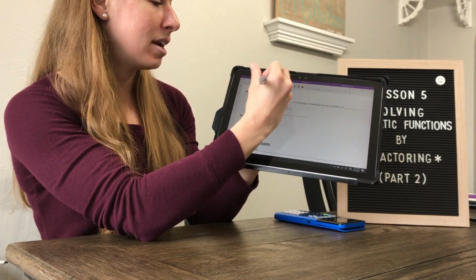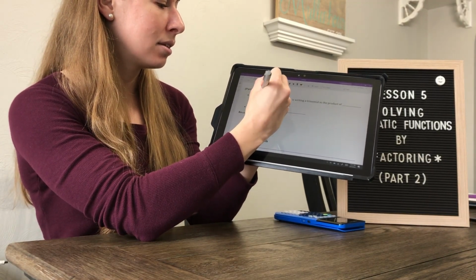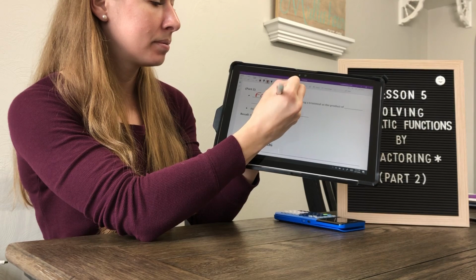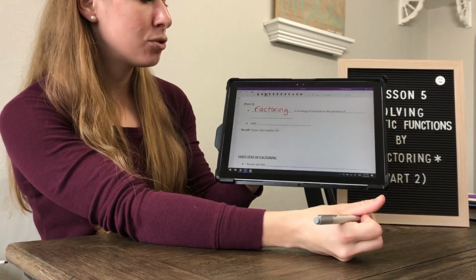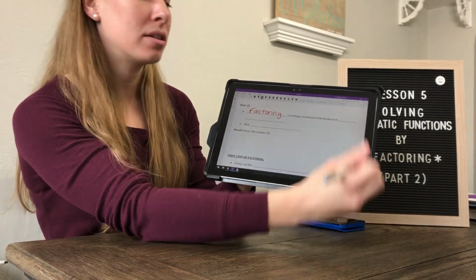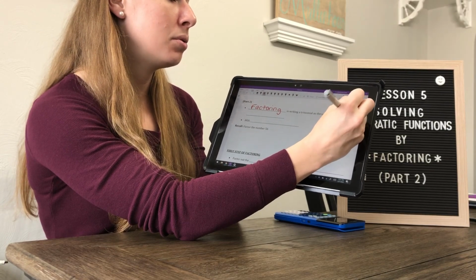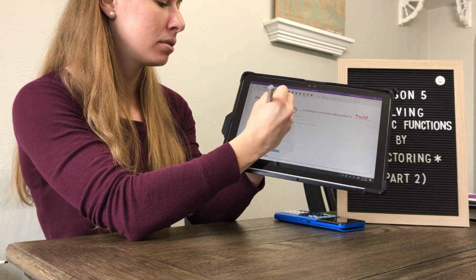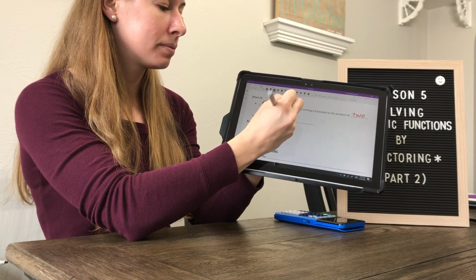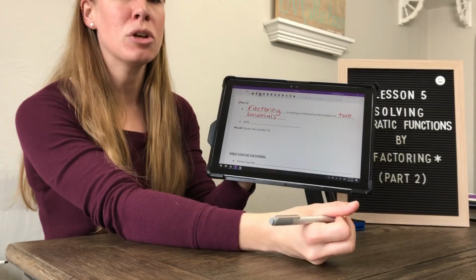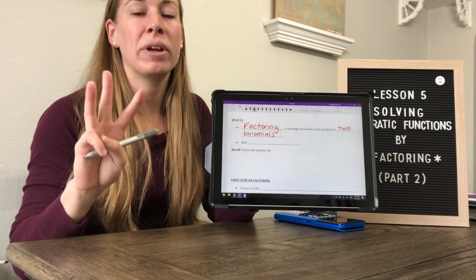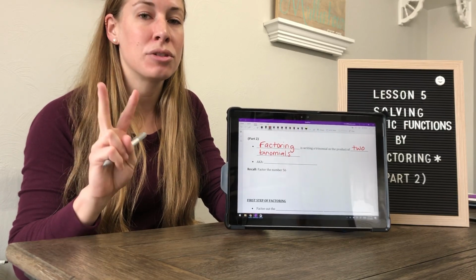So factoring is writing a trinomial as a product of two binomials. A trinomial has 3 terms and a binomial has 2 terms.